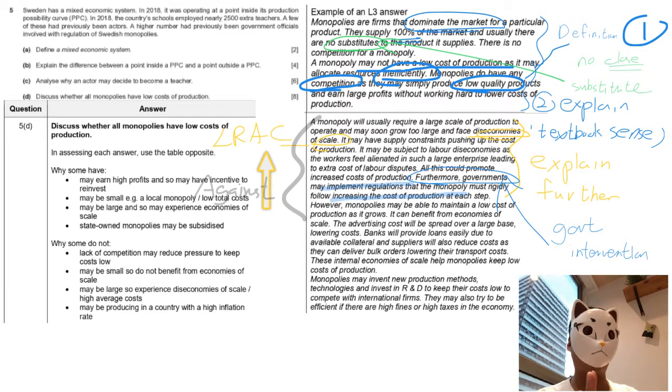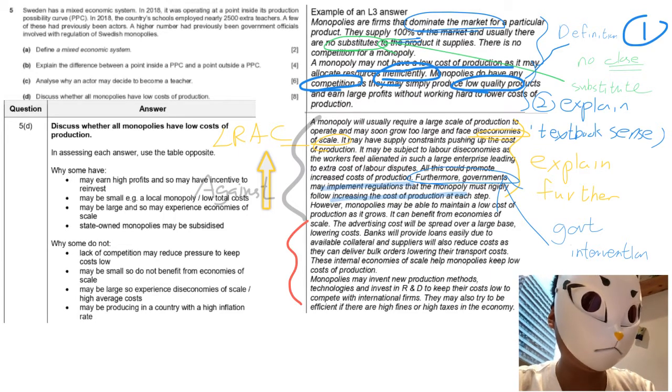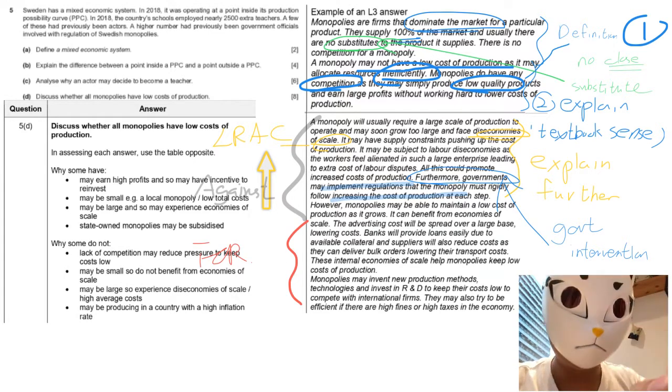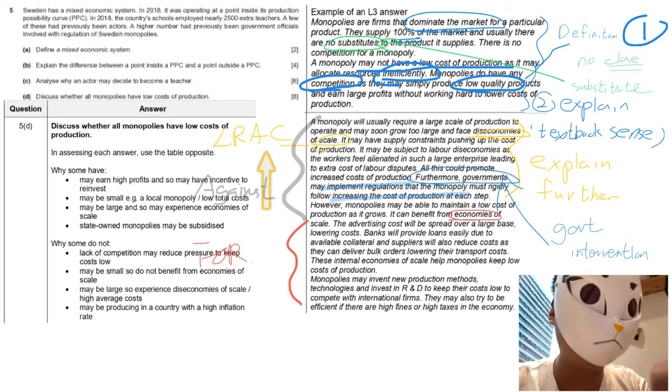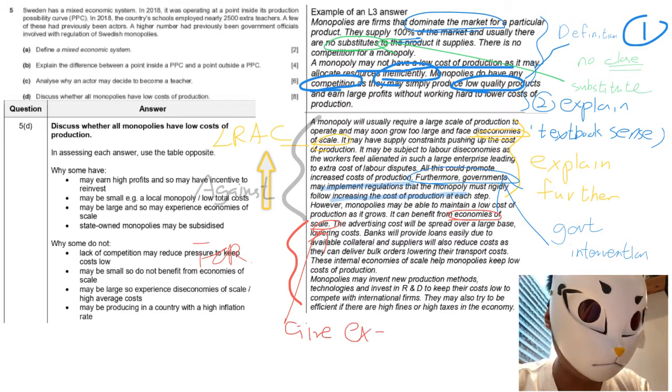On the other hand, if you argue the reason behind why monopolies have a low cost of production, you may simply read this one, for the statement. I will give you an example. What you can do is elaborate on economies of scale and give examples.